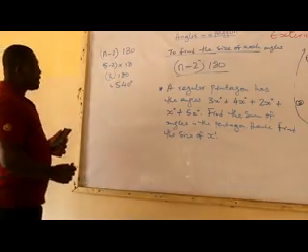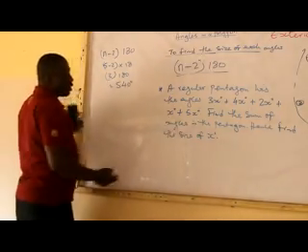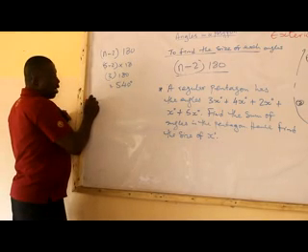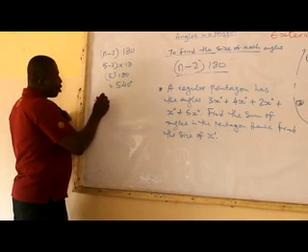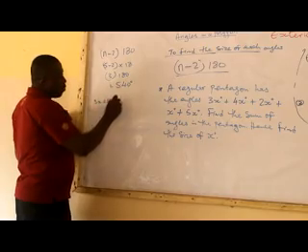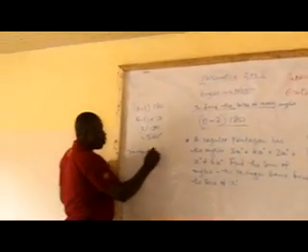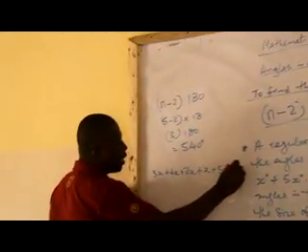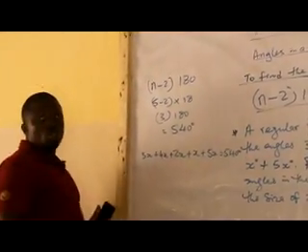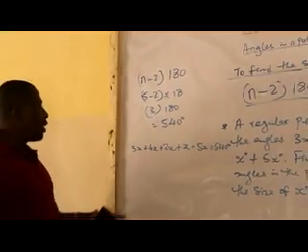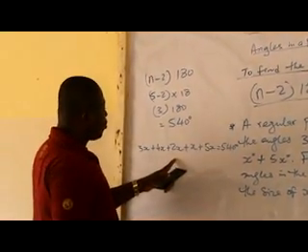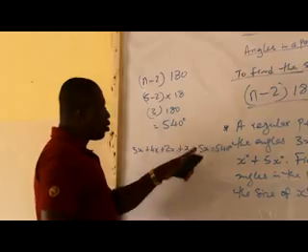Then, for us to find the size of x, we have 3x plus 4x plus 2x plus x plus 5x is equal to 540 degrees. So we add up 3 plus 4 is 7 plus 2 is 9 plus 1 is 10 plus 5.